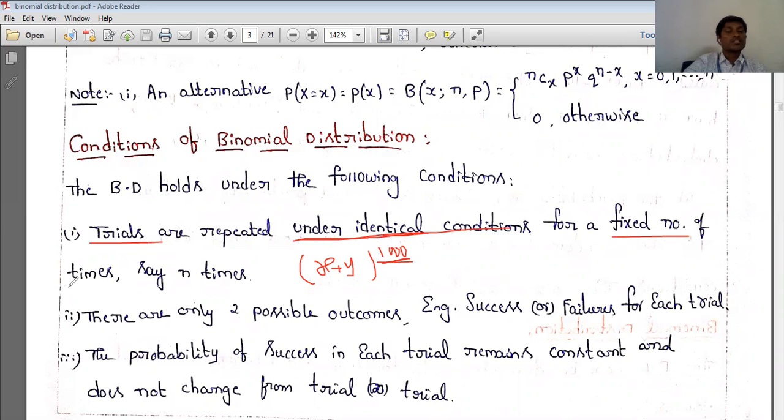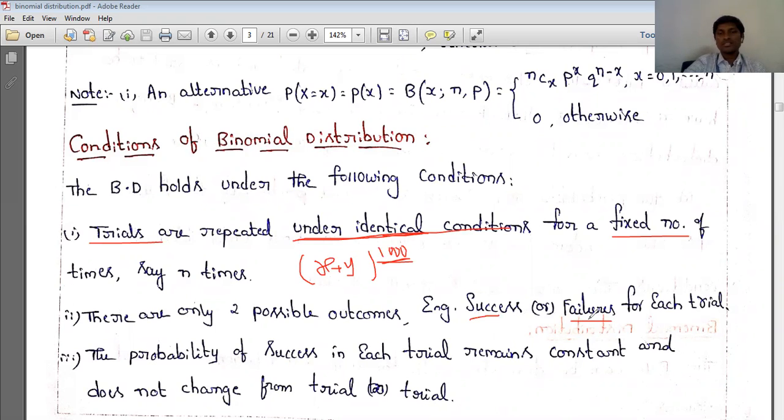Next, for every experiment we get only two outcomes. Writing an exam is an experiment, coming to college is an experiment. Human life is also an experiment, having both cases, birth and death. In the same way, here there are two possible outcomes: success and failure.